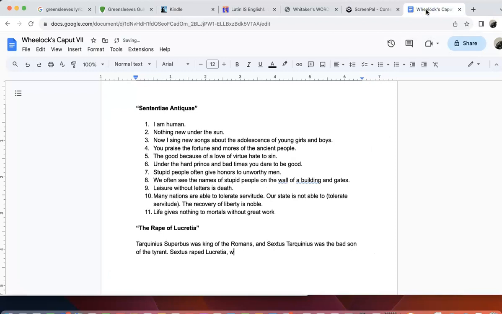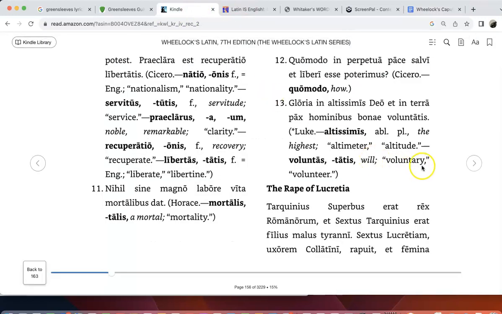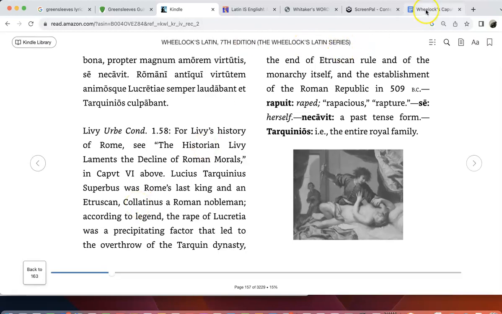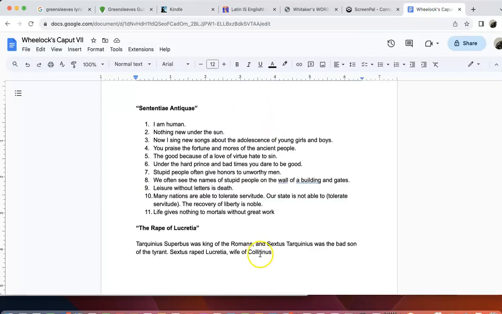Yeah, the wife of Collatinus. Let's see, did I spell that right here? I've got to be honest, some of these Roman names, especially in social and political history, I'm not sure about, so I'm going to confirm that. Collatinus, that is an A. Okay.